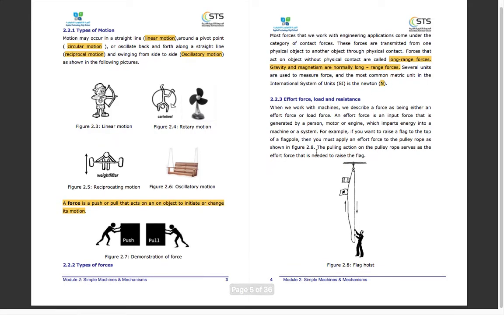Next comes effort, load and resistance. Now these three things will be used when we are talking about simple machines. So effort force is the effort that you put, the input force that a person or a motor will put. That is called an effort force.